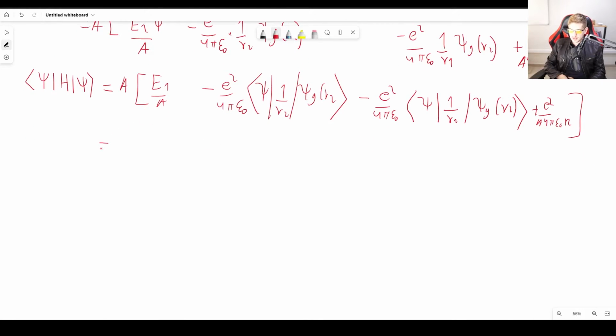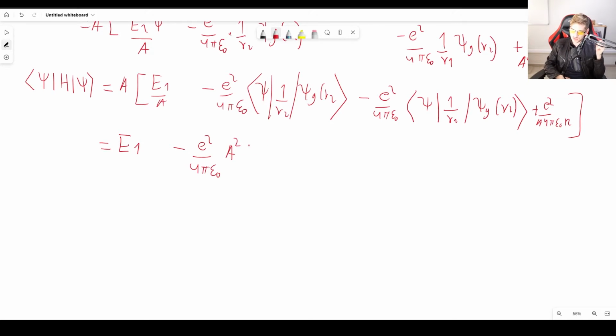All right, so now let's start multiplying through by a. So we get E1 here. Then we get minus e squared over 4 pi epsilon 0 times a. And now what we will do is replace psi by what it is: a times psi g of r1 plus psi g of r2.